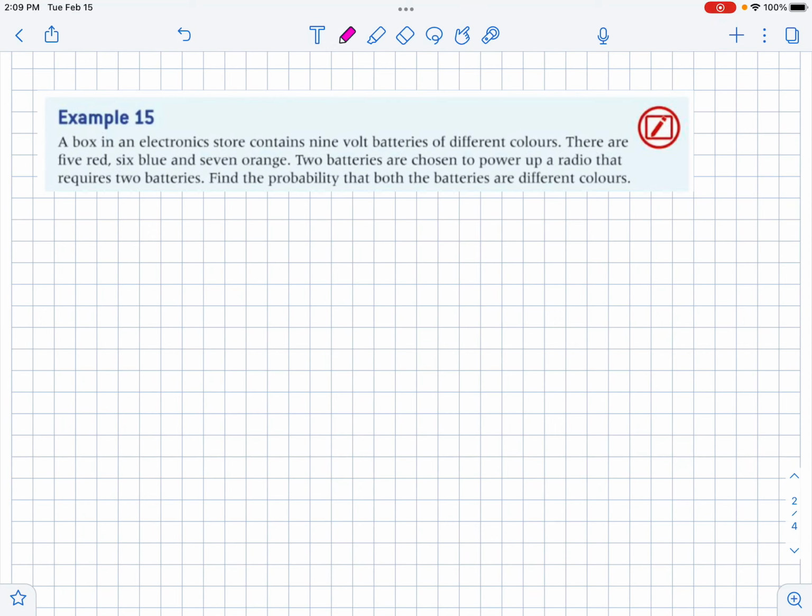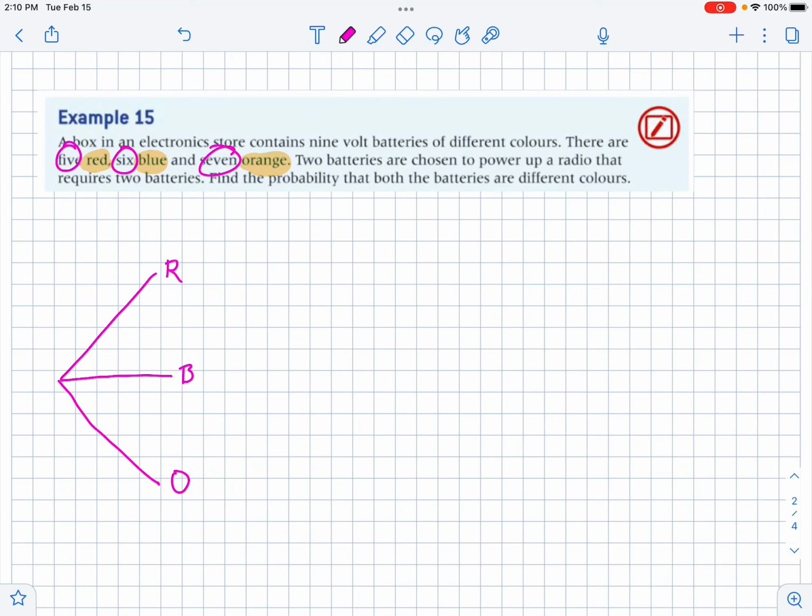So picture that you're grabbing your first battery. Of the first battery, there could be red, blue, or orange. So the first part of our tree will have 3 branches. This one will be red, this one will be blue, this one will be orange. Now, the probability of getting red, let's see that there's 5, 6, and 7.